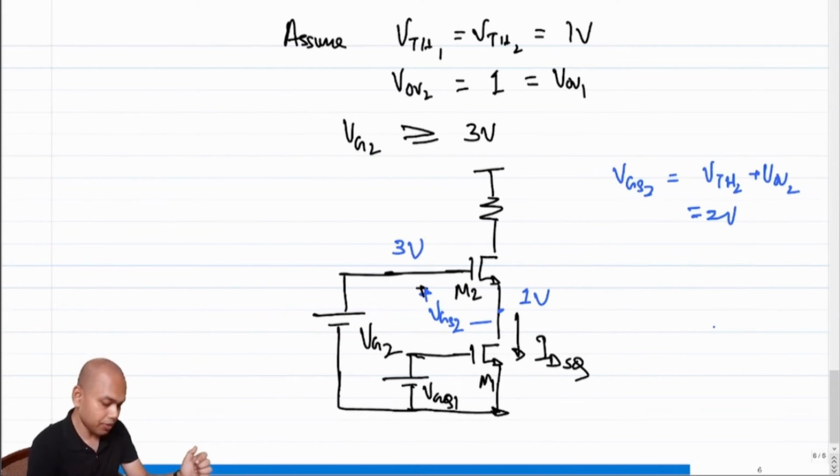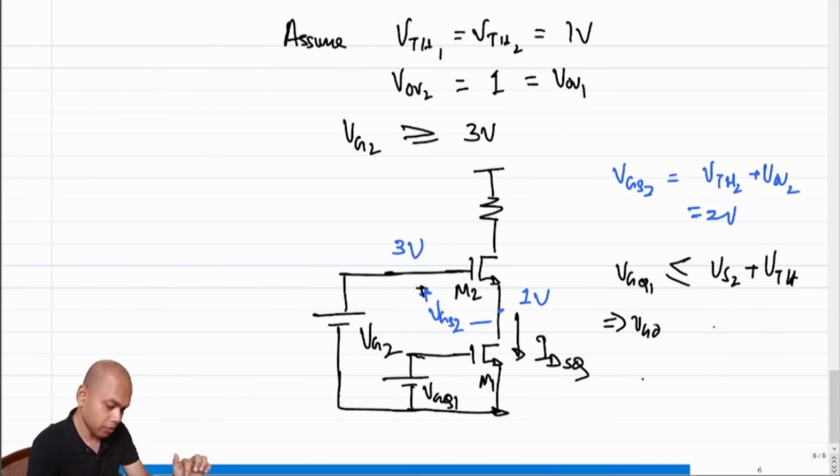So VGQ1 has to be less than VS2 plus the threshold voltage. Correct? Which implies VGQ1 has to be less than 2 volt, right?